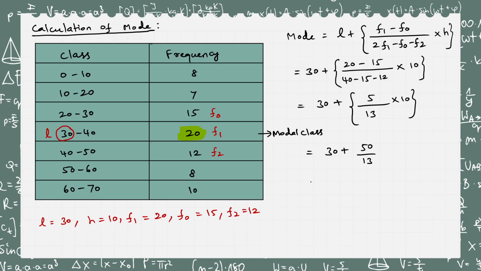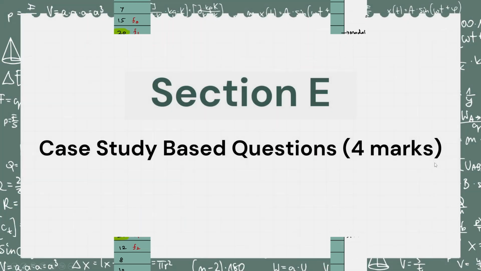Okay, that will be 30 plus 3.85, approximate value only. 50 by 13's value will be 3.85. So adding them together we get 33.85, approximate value only. Okay.